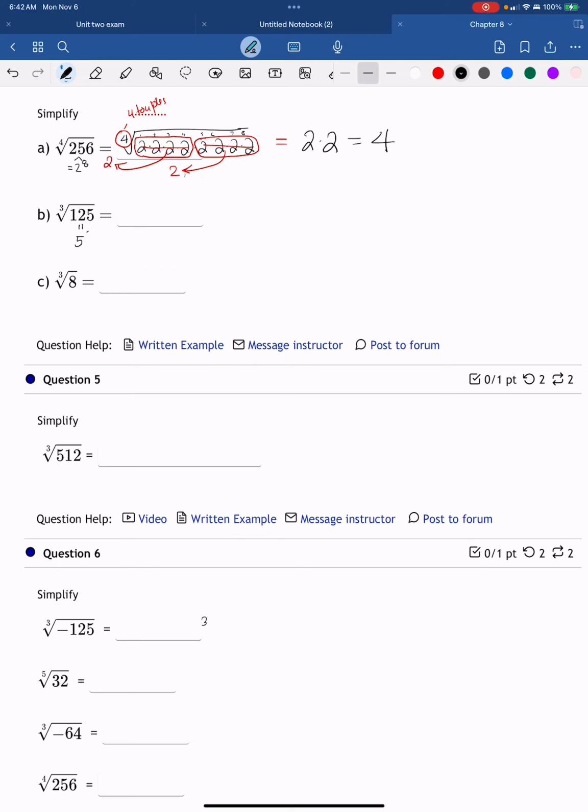125 is 5 cubed. Because this is a cube root, I'm pulling out 3-tuples. 1, 2, 3. So this just equals 5.